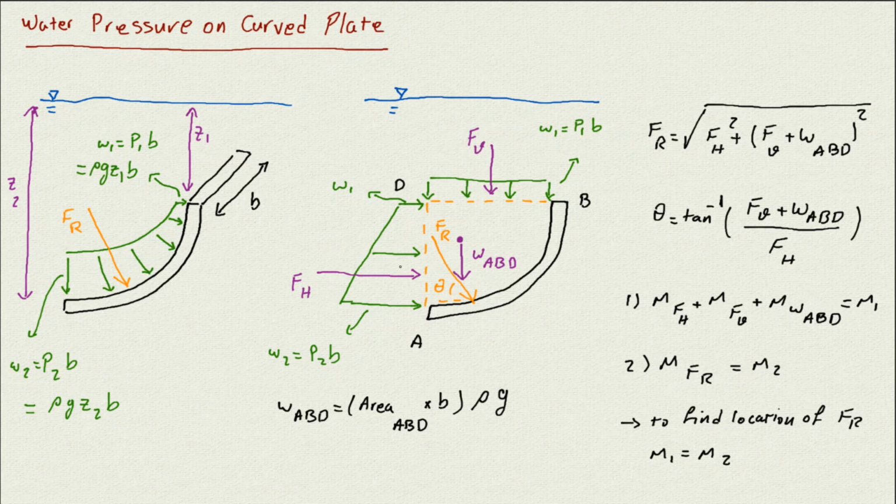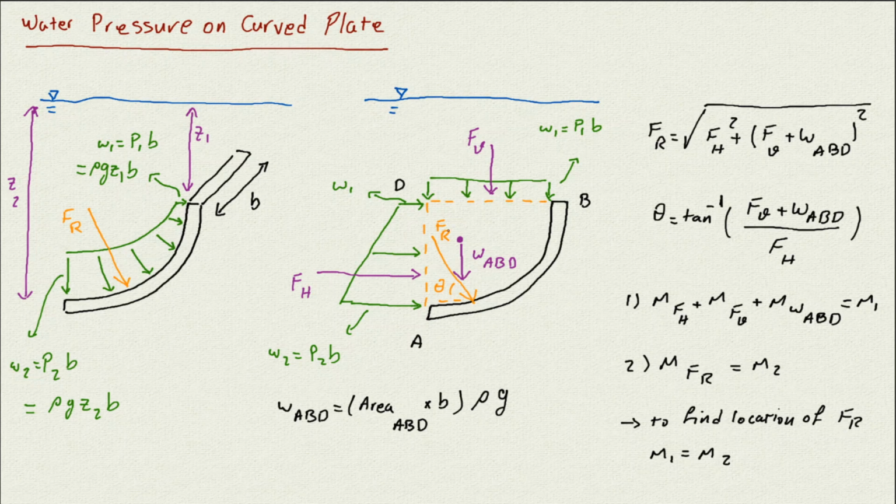Because whatever moment FV, FH, and the weight create, the resultant force should create the same moment. For example, if I calculate the moment of these FH, FV, and W about point A, and then I calculate the FR moment about point A, both should be the same.